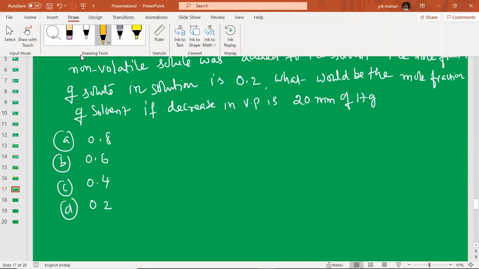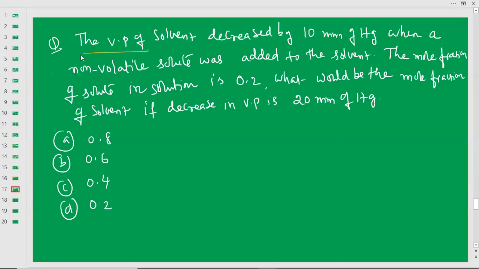Now we will see the question once again. Vapor pressure of solvent decreased by 10 millimeter of Hg when a non-volatile solute was added to the solvent. The mole fraction of solute in solution is 0.2. And what would be the mole fraction of solvent if decrease in vapor pressure is 20 millimeter of Hg?